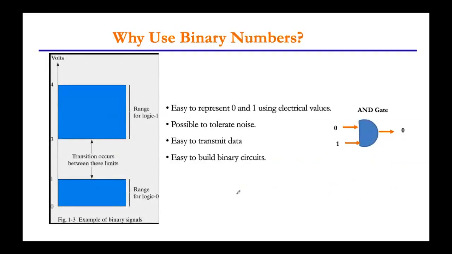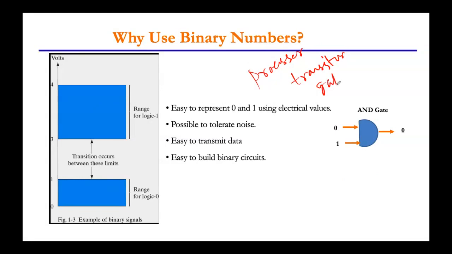So why do we use these binary numbers? In our computer architecture, the processors are simply transistors. The transistors are simply formed with gates.